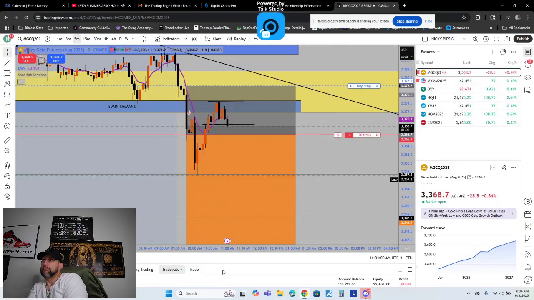It just broke. It's a good sign. So we need a hard break. We need a nice bearish candle. So I think we can do it here. I think it'll close bearish.